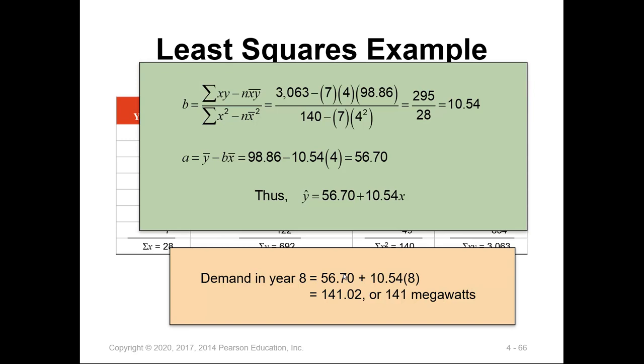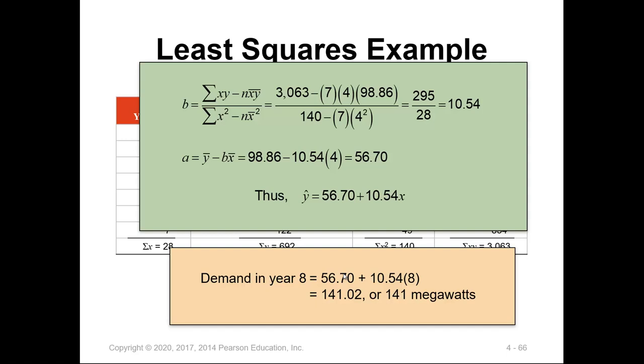Then we use the formulas for a and b to find their values. b will equal 3063 minus 7 multiplied by 4 multiplied by 98.86, all divided by 140 minus 7 multiplied by 4 squared.